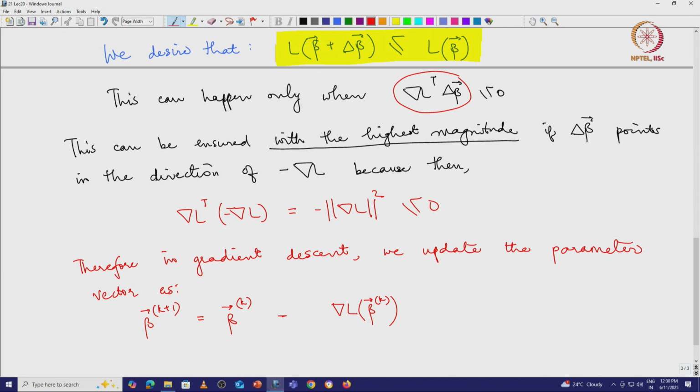So this is the direction in which you want to move the parameter, and we add a scaling factor in front of it.